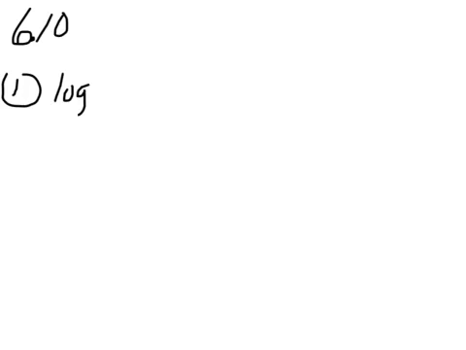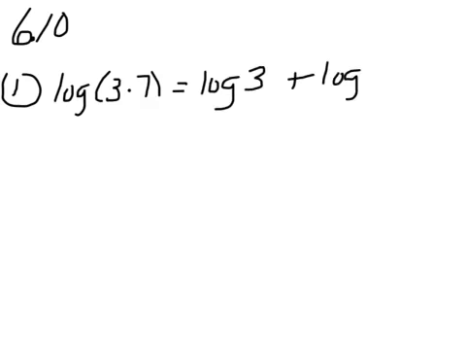In these problems, you're going to need your calculator, because what they're wanting you to do is show that these two sides are equal. And all you're going to do is use your calculator. You know you can use your calculator for this because since they didn't put the base here, this is log base 10, and that's what's actually on your calculator. So log 3 times 7 is the same thing as log 21.